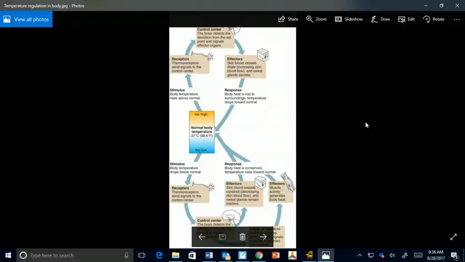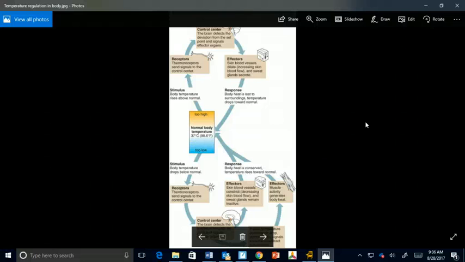This is the example of body temperature. The point is that you have a set point. You have this amount that the body wants to keep the same, right? Homeostasis, right, guys? This maintenance of this normal level. And when something happens to take you away from that normal is when these feedback loops start happening.